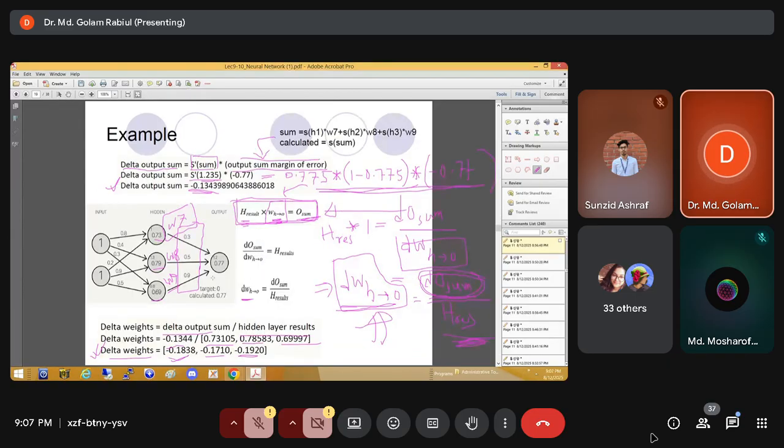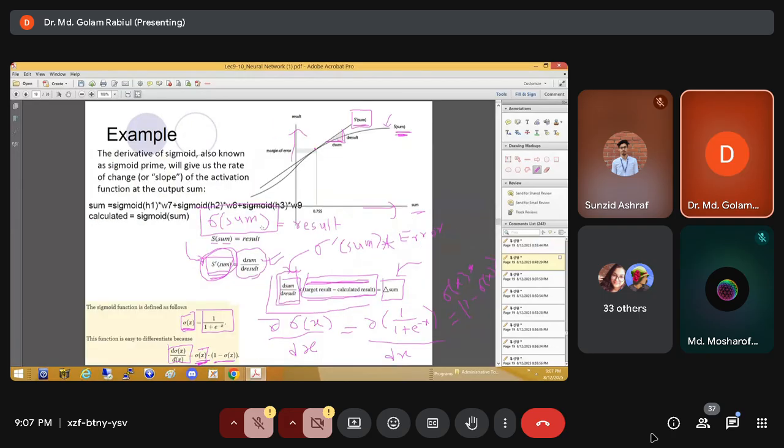In this layer we have already calculated the sum, and after taking the sigmoid of this sum, we got the calculated results. So that's why we have taken the derivative of the sigmoid of our output layer, and it will be delta sum by delta results.